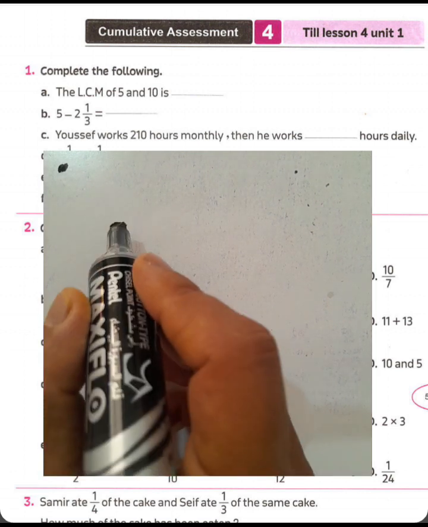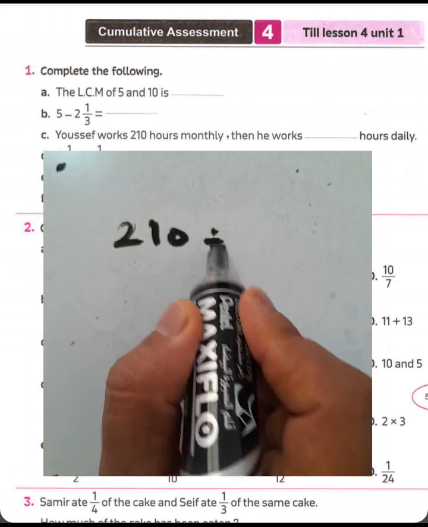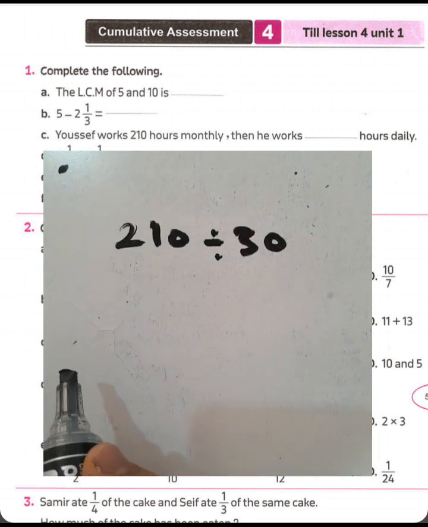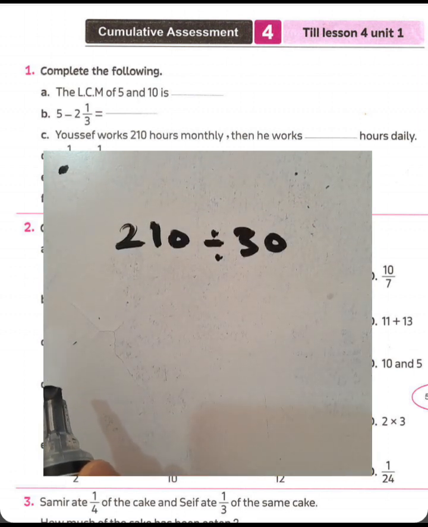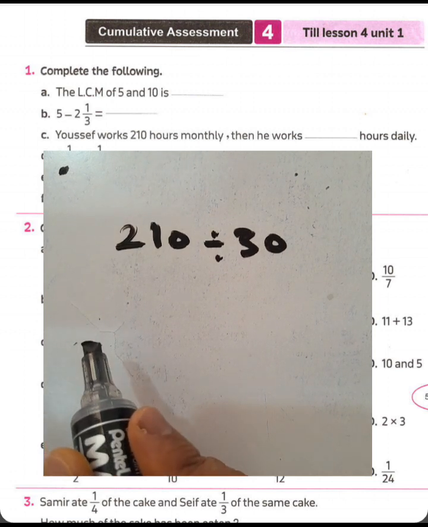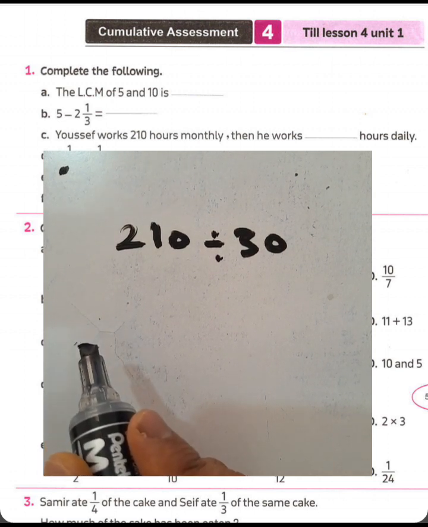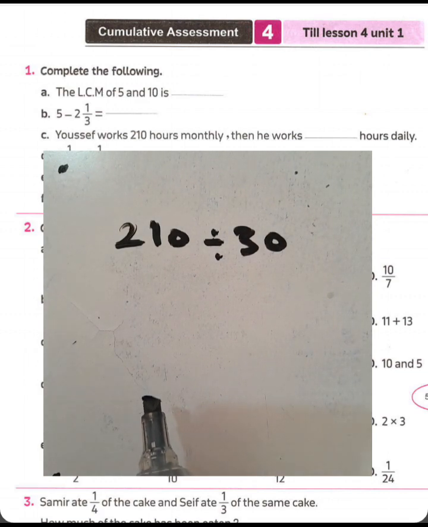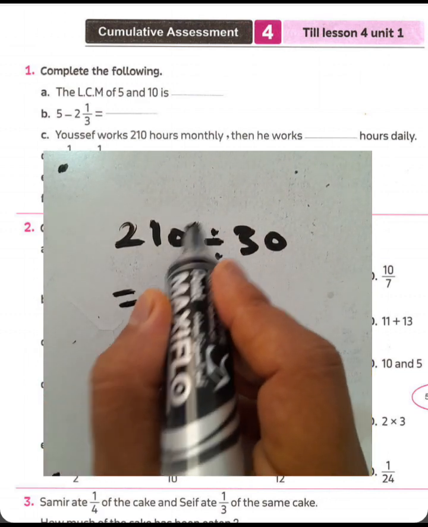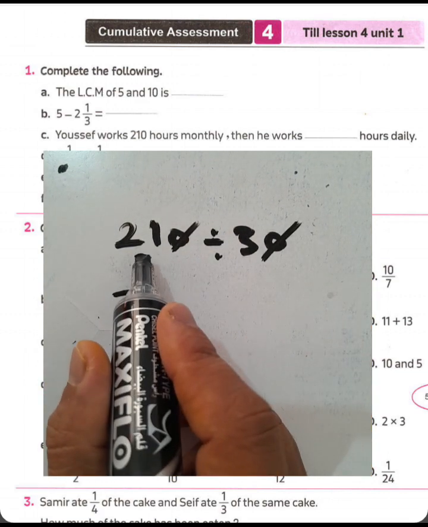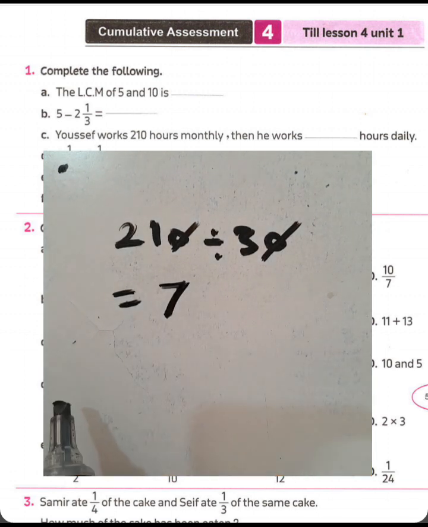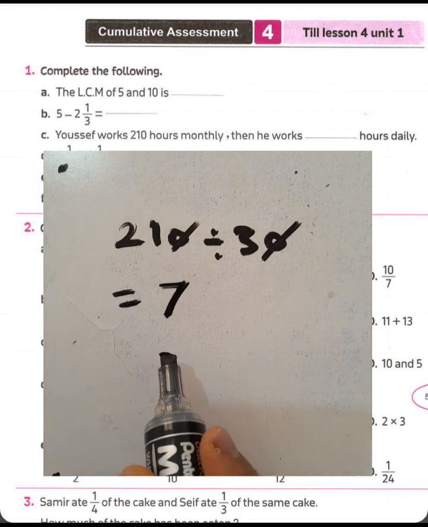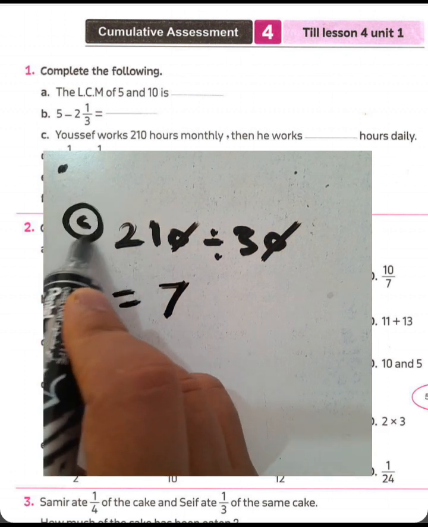Then we divide 210 by 30 to find the number of hours he works daily. 210 divided by 30, cancel 0 by 0 here, and 21 divided by 3 equals 7. So he works 7 hours daily. Write 7 for letter C.